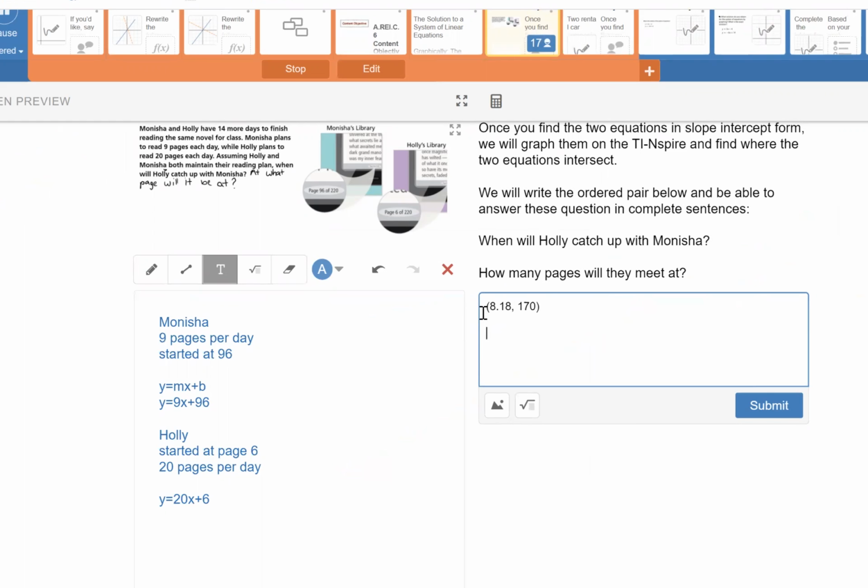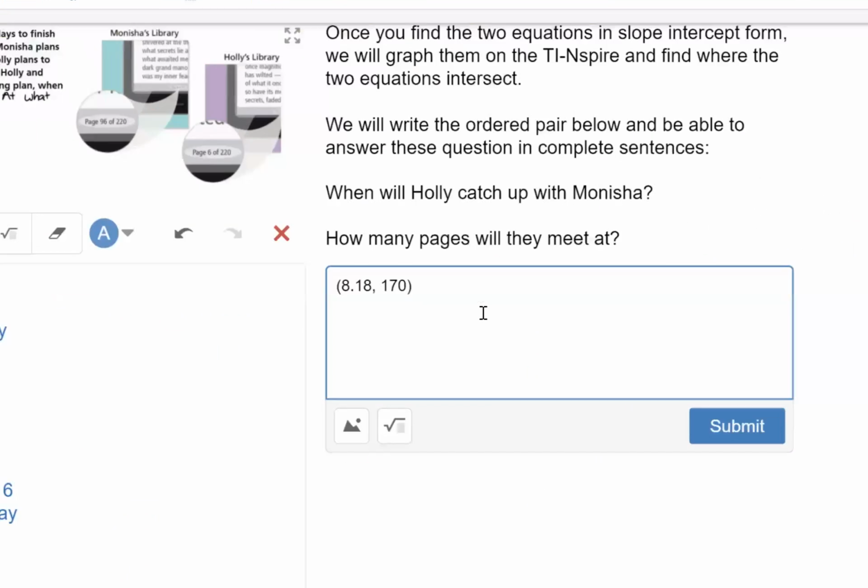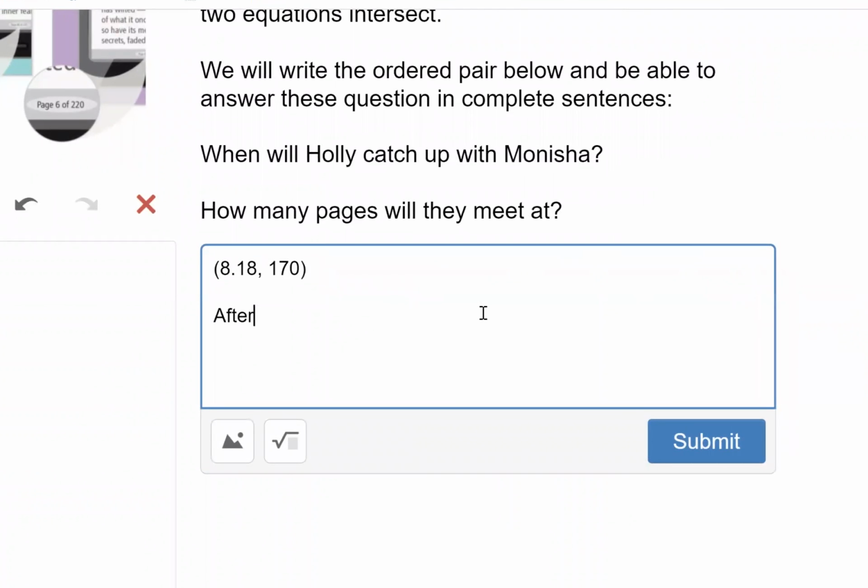Yes. So the 8.18 is like after 8 days, Holly will catch up with Monisha. And what page did they catch up on? Page 170.